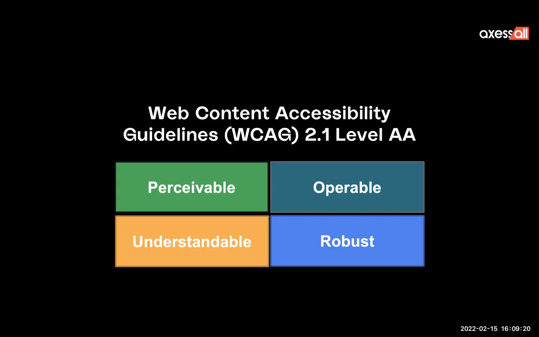When we talk about 2.1 level AA, that's 50 success criteria, as far as I can remember. All of these success criteria are under four principles: perceivable, that all of the components should be perceivable, operable, understandable, and robust. So we'll talk about them one by one.